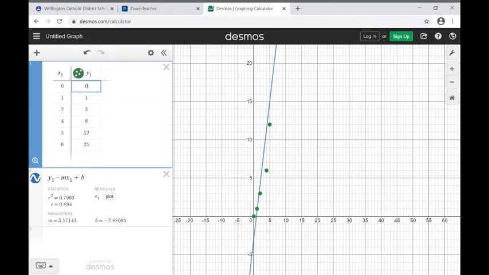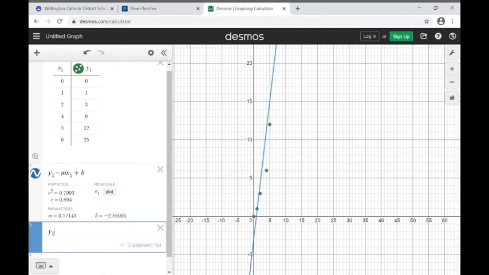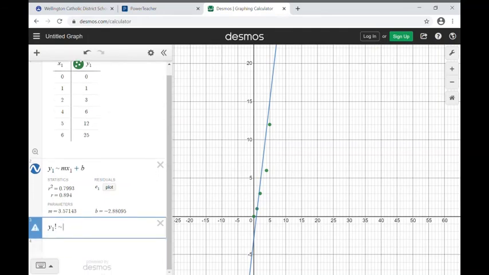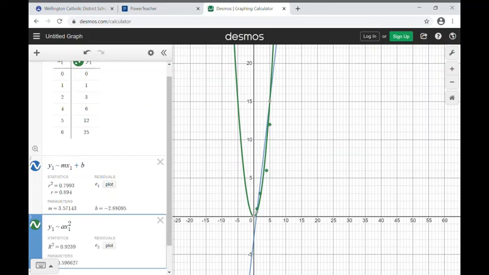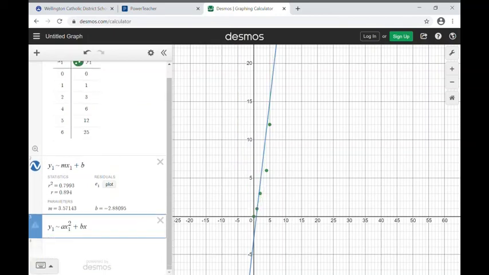Right? So here, we're not working with a linear regression. We're dealing with a line here. Generally, lines have the same space between these ones. We're working with a curve, so we're going to type in this equation. y1, a friendly little squiggly line there. Get rid of that exclamation mark. ax1 squared plus bx1 plus c.